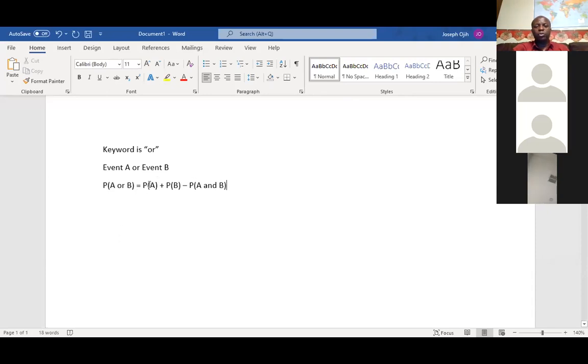Yeah, this is the formula for addition rule. Okay, great. Probability of A plus probability of B minus probability of A and B.